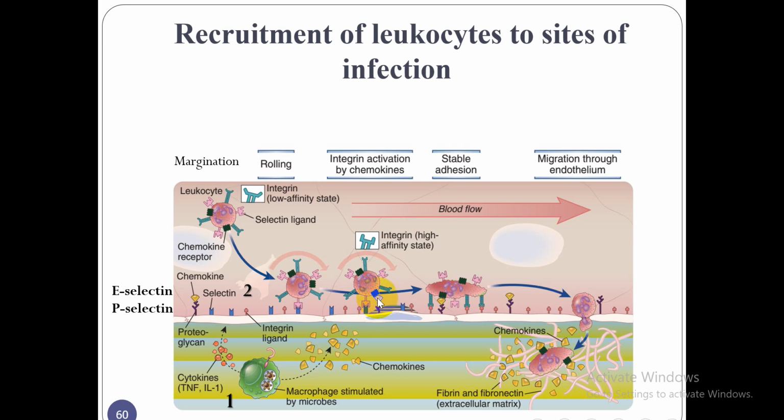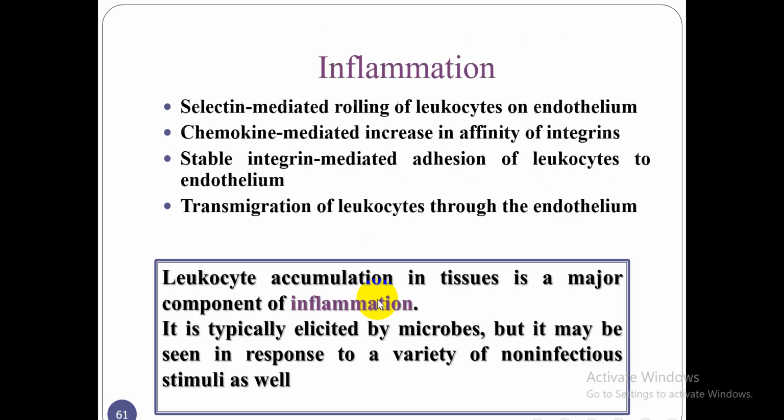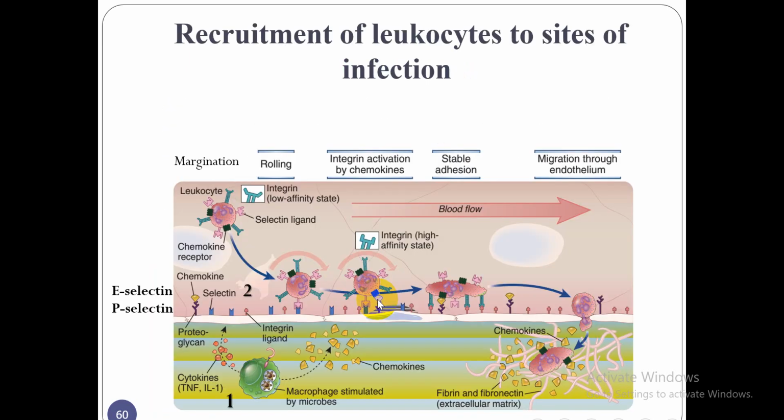The interaction of chemokine with the chemokine receptor on the surface of neutrophil could induce higher affinity states in integrin interaction.